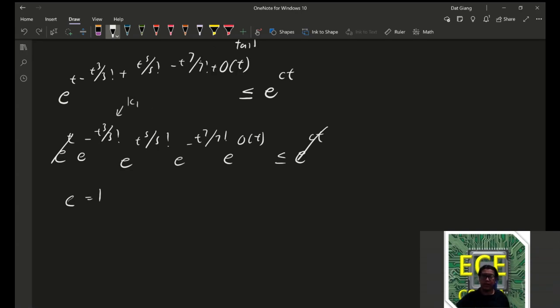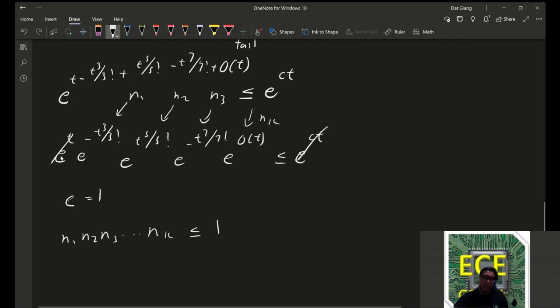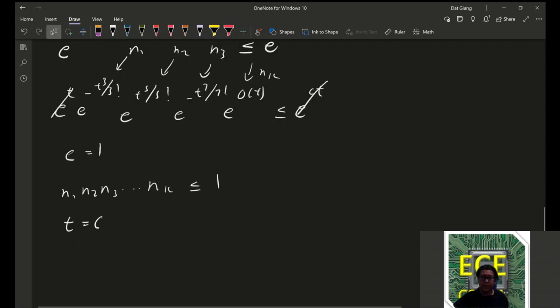Now, just to save us some time, let's call this n1, n2, n3, and then this is maybe nk, for example. So we have n1, n2, n3, and so on up to nk, being less than or equal to 1. Now, if t was equal to 0, this would be valid.